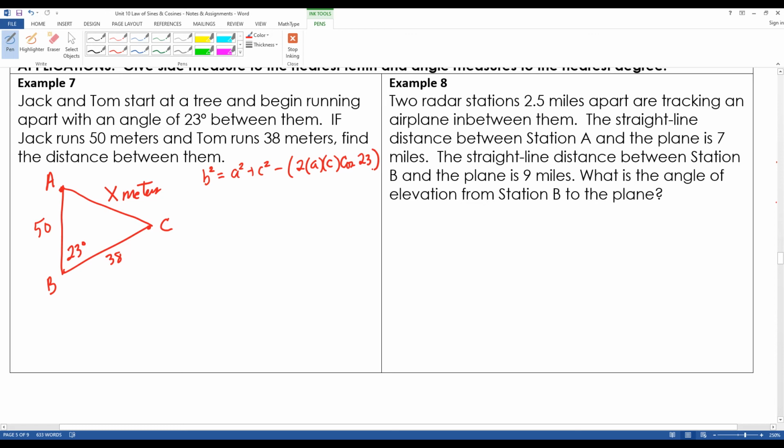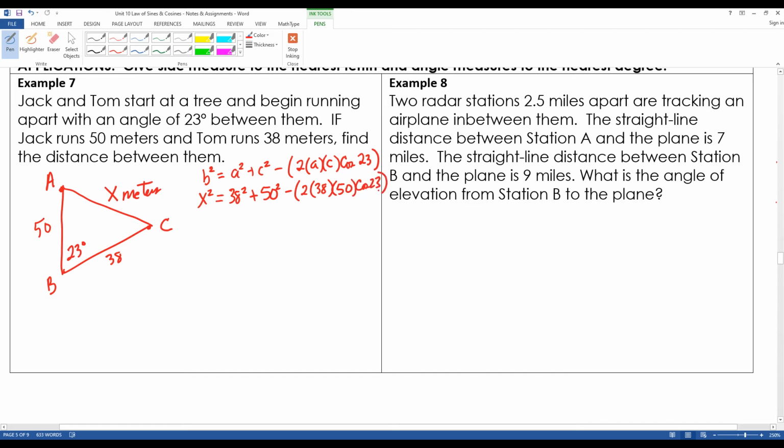Let's plug in the info. B we don't know, so that's X. A we do know, that's 38. C we know, that's 50. And then again, A was 38, C was 50, and we're doing the cosine of 23.